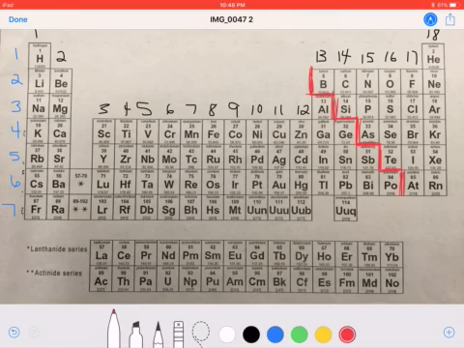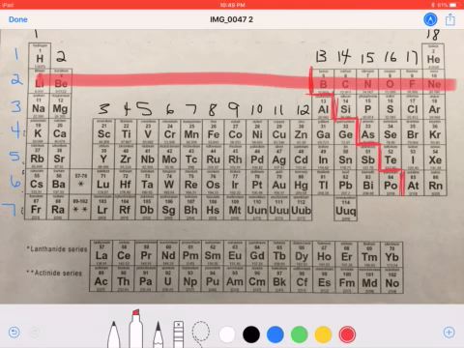So if I think about things that are at the top in period 2, those only have 2 energy levels, so they are relatively small in size, meaning that those protons that I just drew are going to attract the electrons a little bit more than things that are going to be down here, let's say francium or even bismuth, because they have more energy levels, so those electrons are going to be farther away from the nucleus, meaning they're easier to take away.